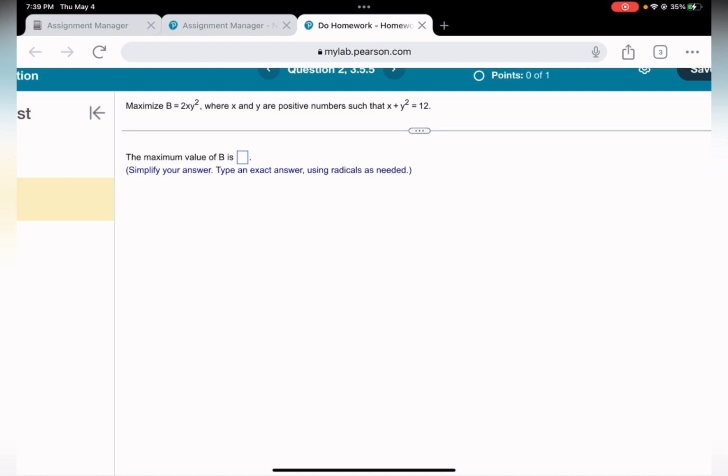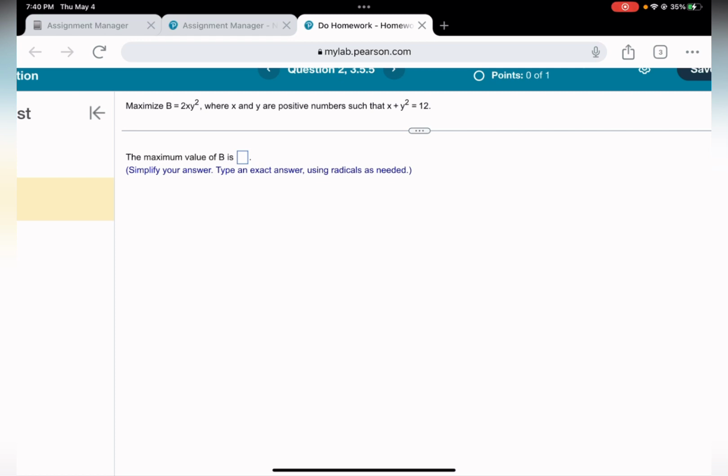All right, so what do we have here? Maximize b equal to 2xy squared, where x and y are positive numbers such that x plus y squared is equal to 12.